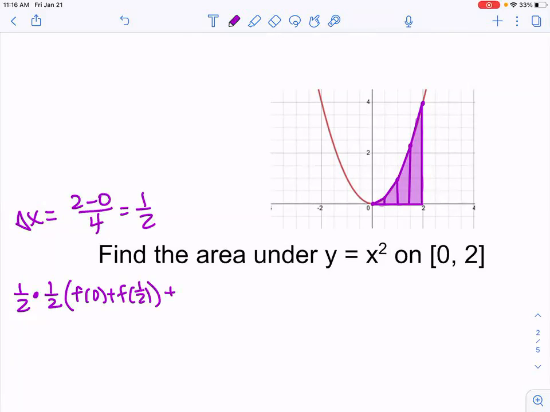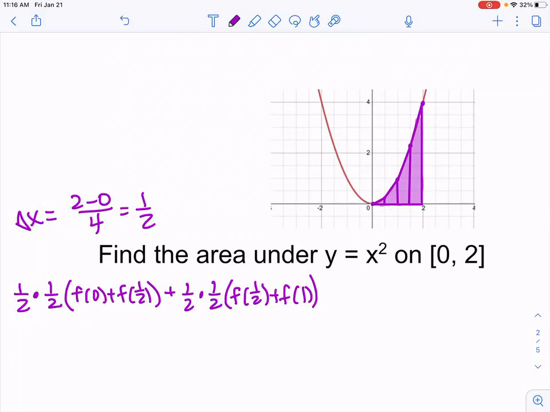Okay. Our second trapezoid, we are going to be annoying, and then we'll make it look less complicated. Our second trapezoid, well, we have 1/2 times its height, which is delta x, times the two bases. So the left base is the function height at 1/2, the right base is the function height at 1.